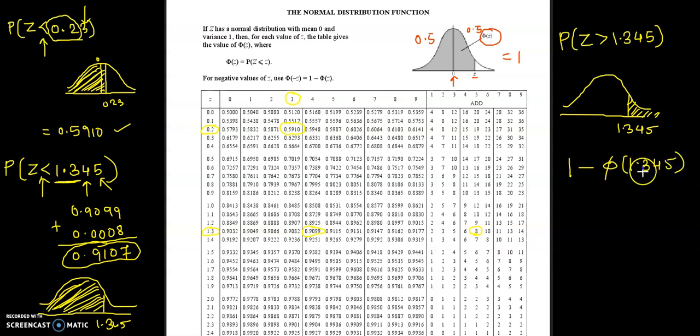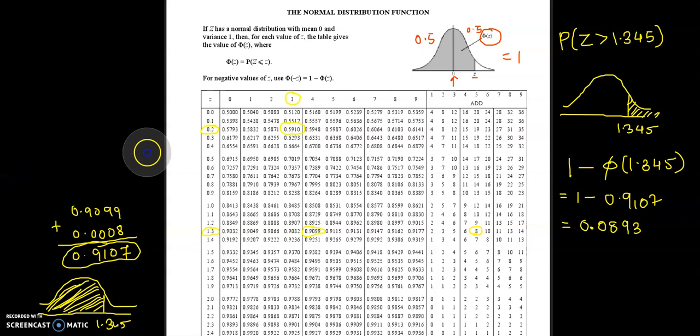What do I mean by phi of 1.345? The value that you get directly from the table, the one which we have computed here, that's 0.9107. So I get 1 minus 0.9107, and that's equal to 0.0893. I hope this is clear to you.